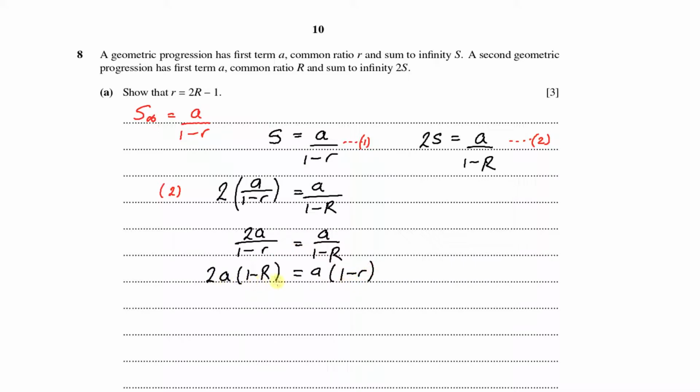Then expanding the brackets, we have 2a minus 2aR is equal to a minus ar.